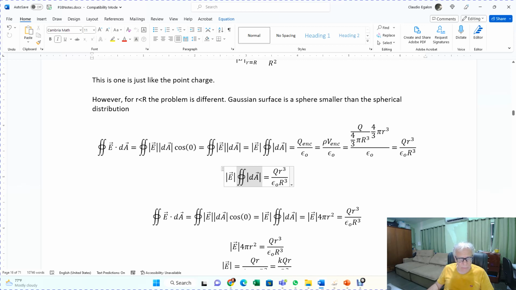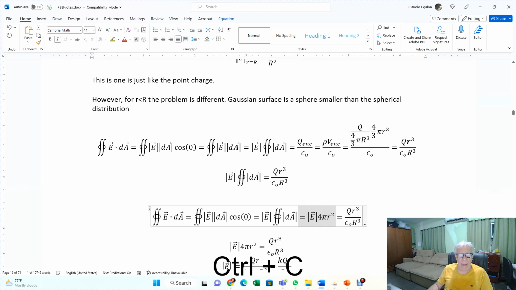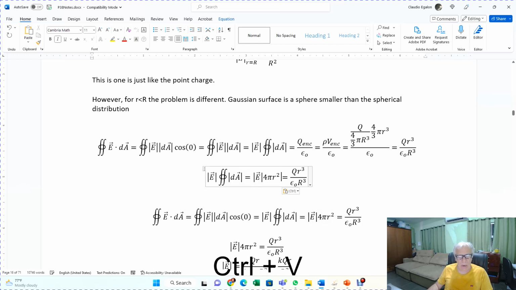Now the key is to find out what's the integral. What's left is to find out what's the integral. Remember, it's the surface enclosed by the Gaussian surface. Okay? The imaginary Gaussian surface has an area equal to 4 pi lowercase r squared.